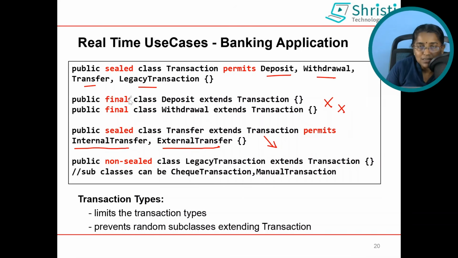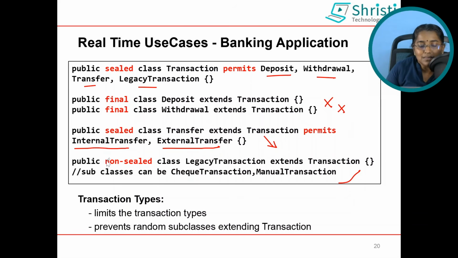So we have seen what is final and what is sealed. Then what is non-sealed? Non-sealed is a free way. If a class is non-sealed, it means it is allowing inheritance but it is not controlled. Public non-sealed LegacyTransaction extends Transaction. Now what happens? Any class can come and extend LegacyTransaction.